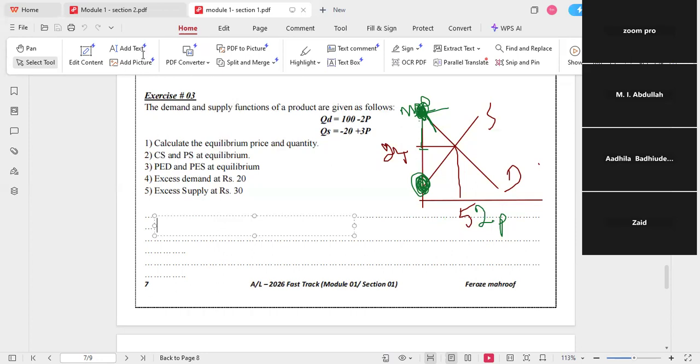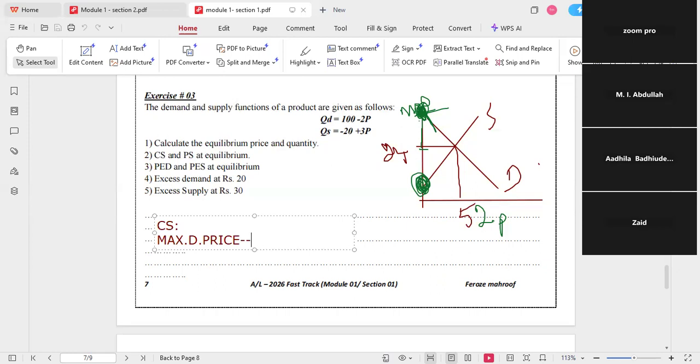First of all, in the equation method, when you calculate the consumer surplus using the equation method, the first step is calculating the maximum demand price. In the graph I don't need to calculate it, because it will be reflected directly.